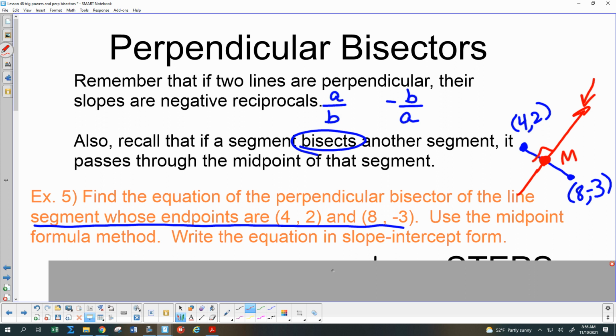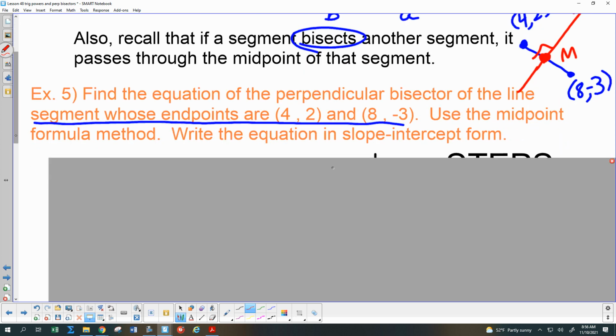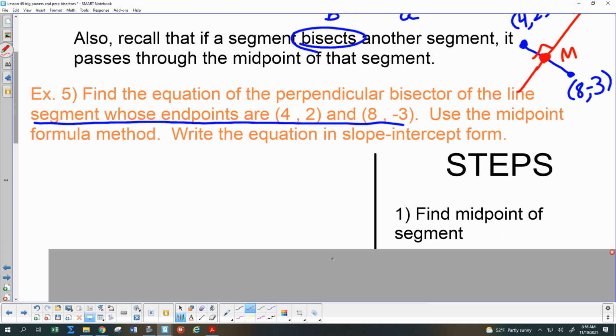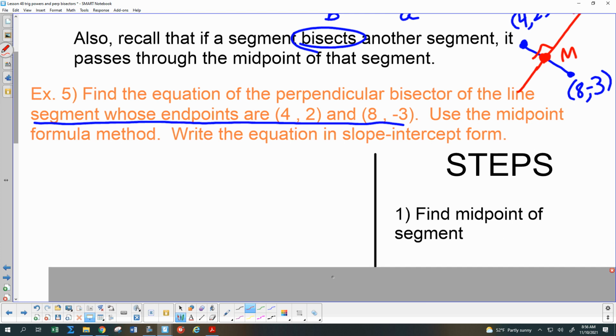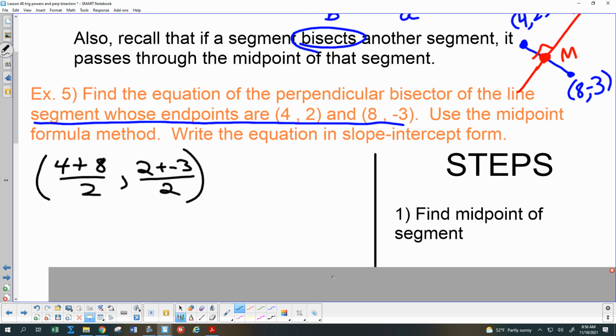Okay, so here's what we're going to do. Since we know that it goes through the midpoint, our first step is, hey, let's find the midpoint. Let's find the point that is on that red line. So to do that, we are going to take the average x, comma, the average y. So I do parentheses. I do average x, 4 plus 8 over 2, comma, average y, 2 plus the negative 3 over 2.